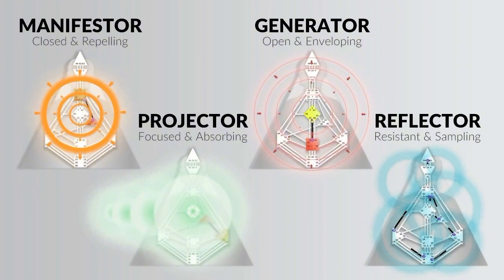No vehicle has a more powerful and more expansive aura than the generator vehicle. This is the open aura, and enveloping. It surrounds things. It takes them in. And because it takes them in, generators are deeply susceptible to conditioning.